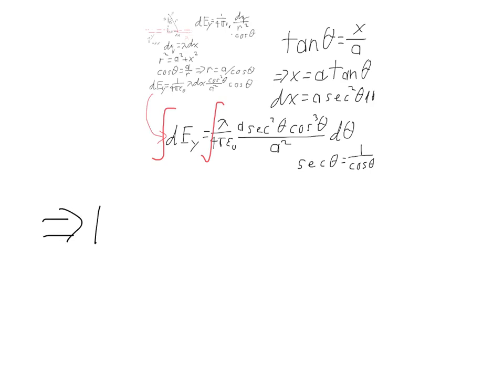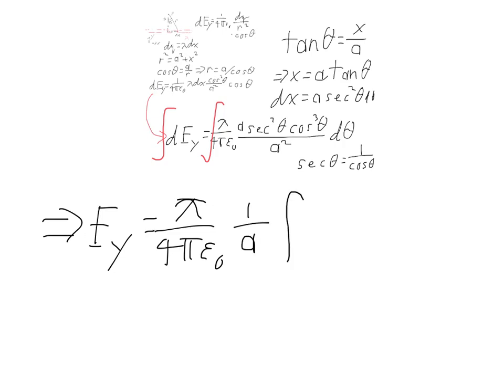And with that, we see the electric field in the y direction is going to equal lambda over 4 pi epsilon naught, 1 over a, and we're going to take the integral of, no square, just regular cosine theta d theta.